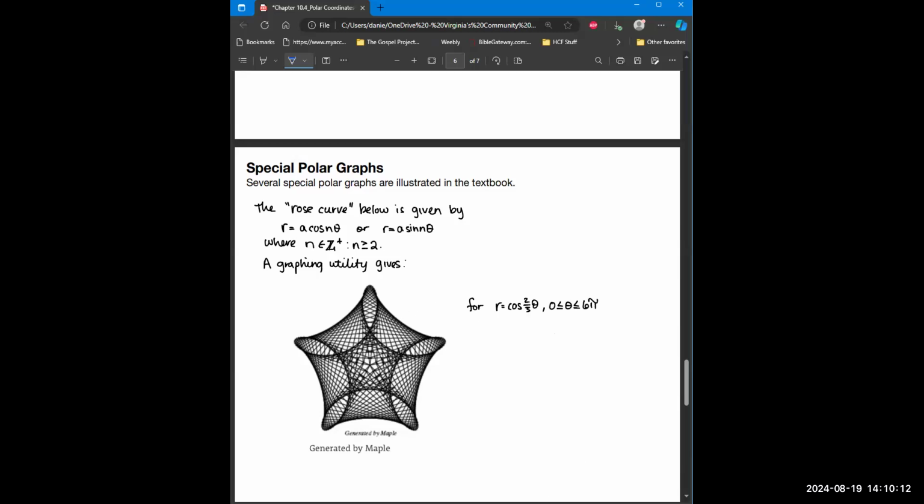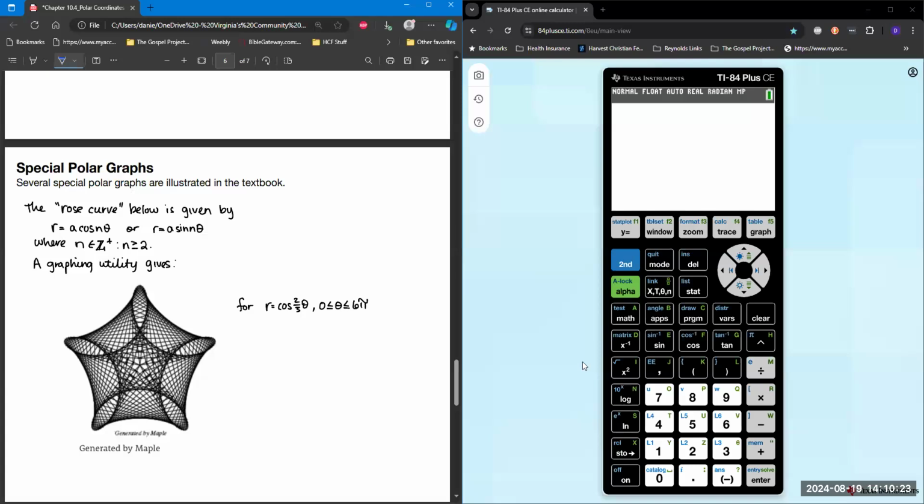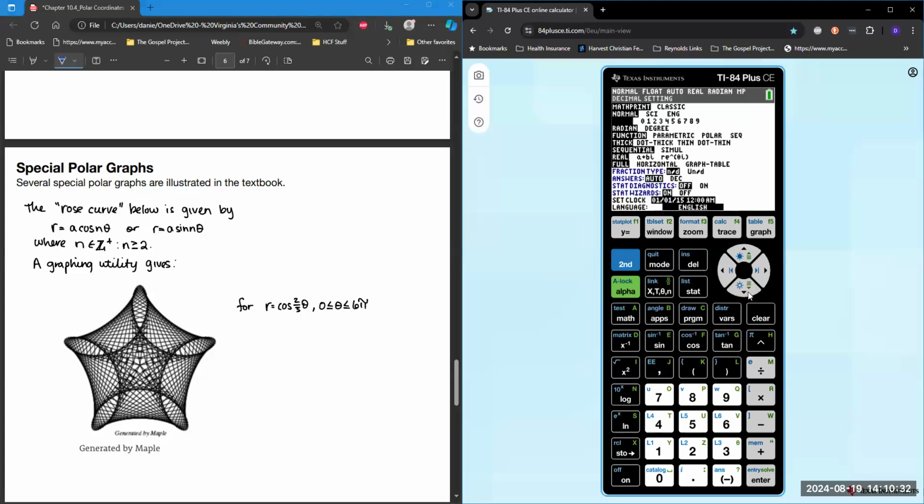So we've talked about how to graph in parametric mode, but now I want to also graph in polar mode. So mode, and you probably want to be in radians when you do this, and make sure that you're in polar mode. When you hit y equals now, you're going to be in an r equals f of theta situation.